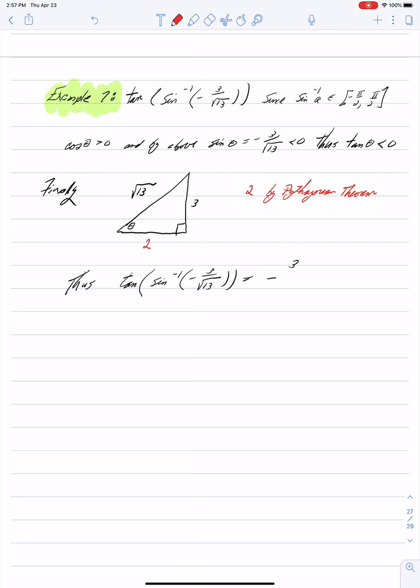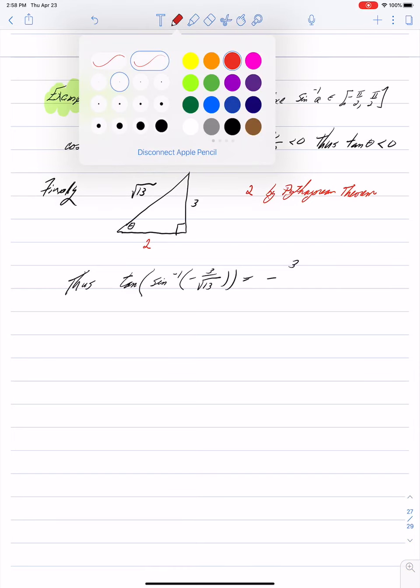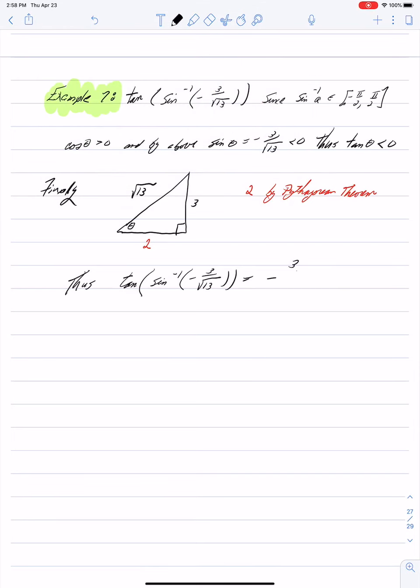All right, so now what's the tangent of this triangle? The tangent is opposite 3 over adjacent 2. So I get what? 3 divided by 2.